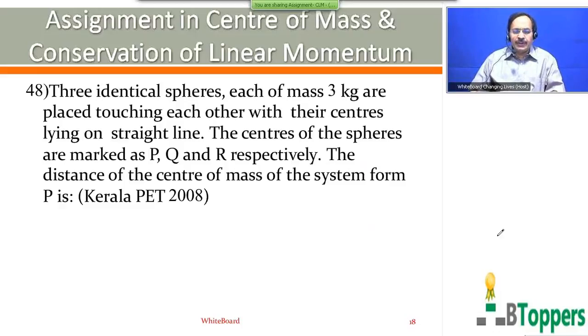Three identical spheres, each of mass 3 kg, are placed touching each other with their centers lying on a straight line. The centers of the spheres are marked as P, Q, R respectively. The distance of the center of mass of the system from P is.